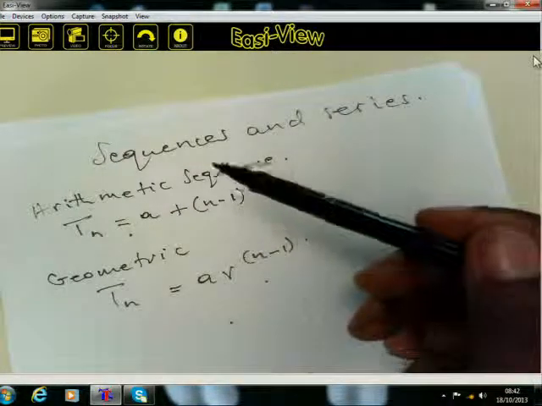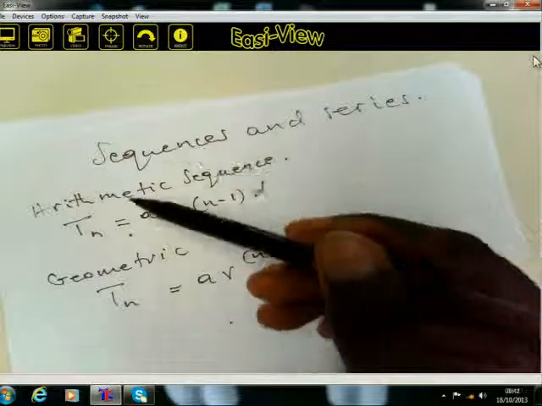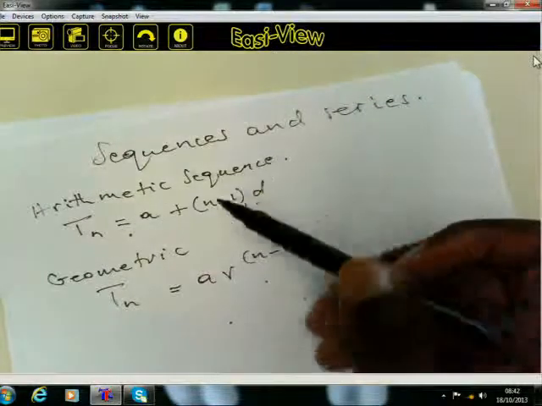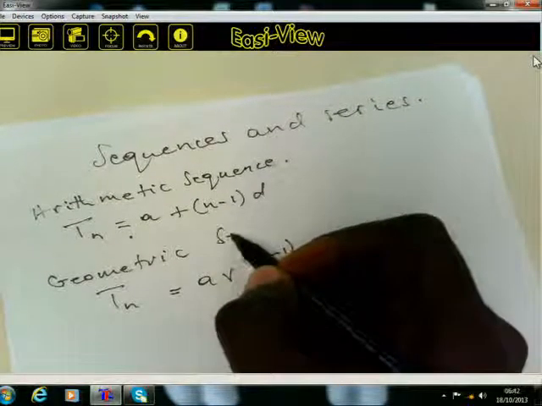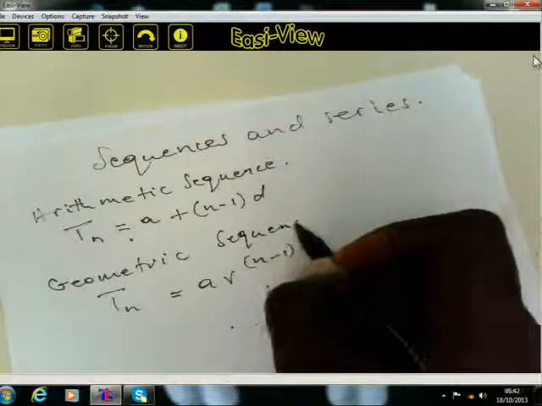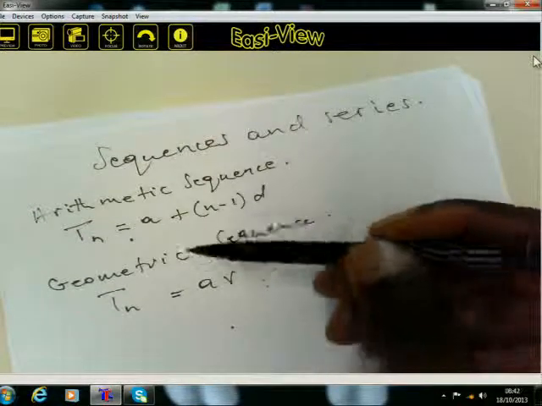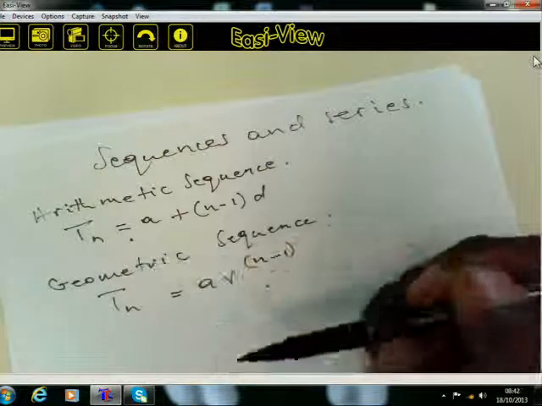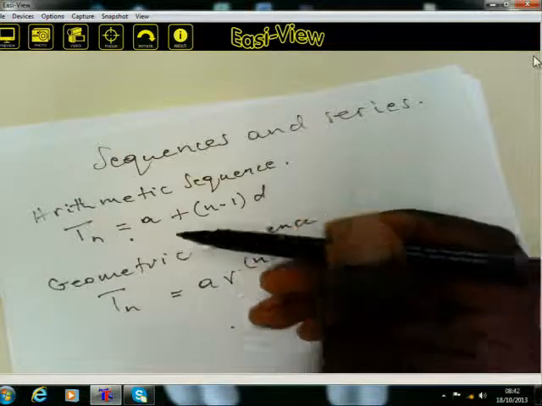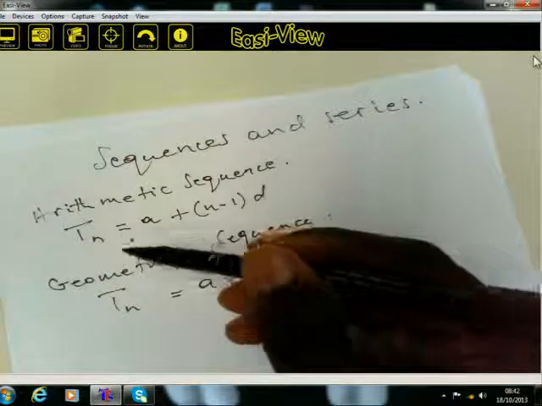Now, our sequence can be arithmetic or it can be geometric. Now, this is the formula that is basically used in the arithmetic sequence.